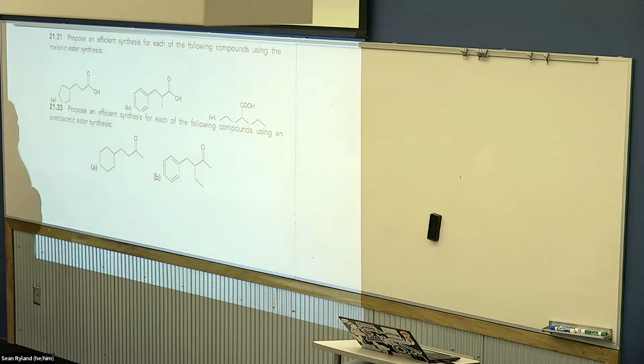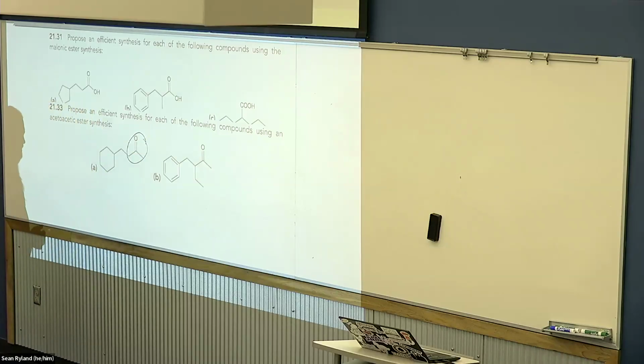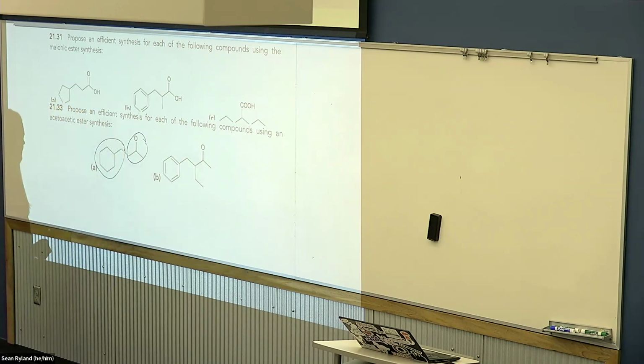The acetoacetic ester gives us that group added. So that means what's remaining, these are halide. So you need to start with ethyl ester, beta keto.